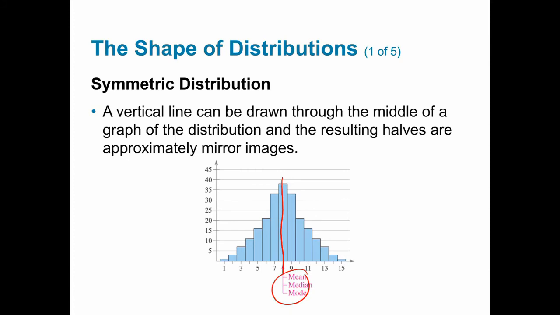I'm going to come back to this in chapter 3 after we talk about that and talk about what that means based on the shape of the distribution. So for a symmetric distribution, think of it as your classic bell shape. Most everything's in the middle, and you have a nice, pretty picture from both sides. It's the exact same, or close to the same. They're going to be roughly mirror images.